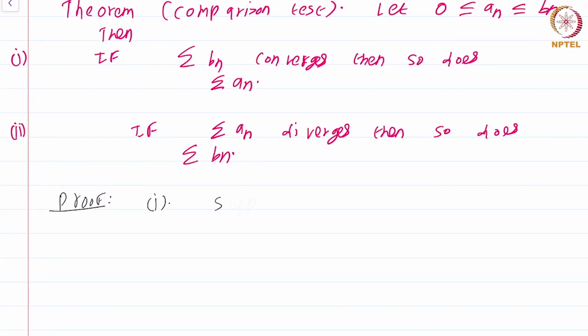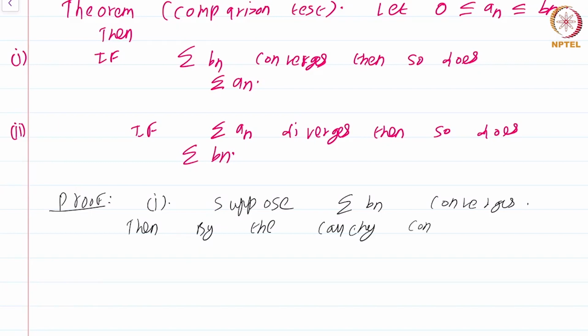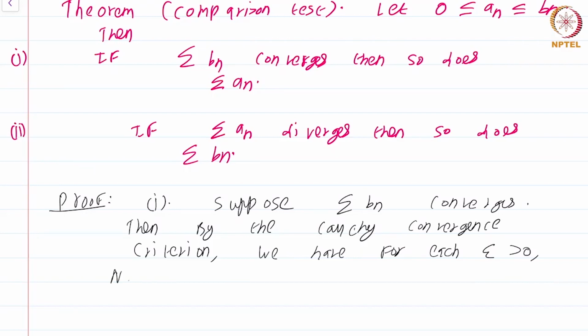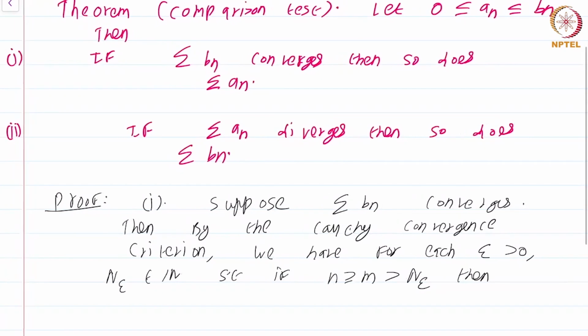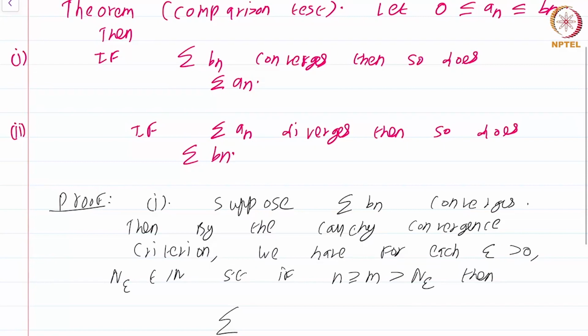Suppose summation bn converges, then by the Cauchy convergence criterion, we have for each epsilon greater than 0 an N epsilon in N, such that if n is greater than or equal to m is greater than N epsilon, then summation of bj as j runs from m to n is less than epsilon.